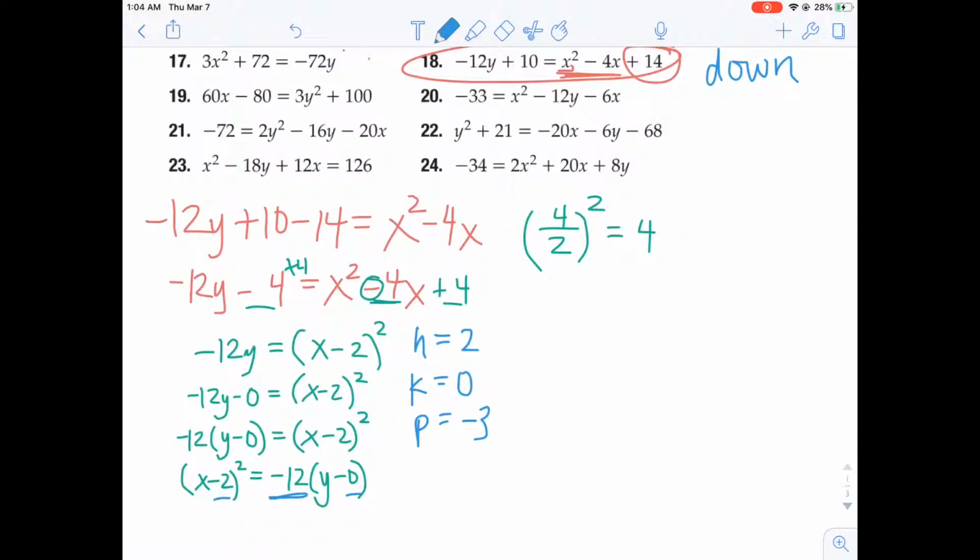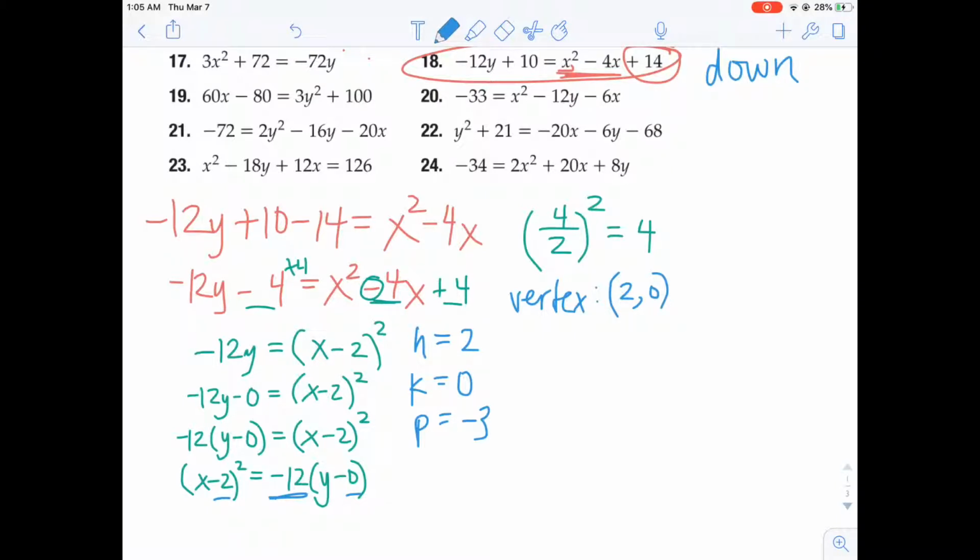So that's what this negative is telling us, and the 3 is telling us that our vertex is going to be 3 away from the directrix and 3 away from the focus. So we'll keep that in mind when we go to graph it. But let's go ahead and find what our vertex is. It's going to be h, k, so 2, 0.